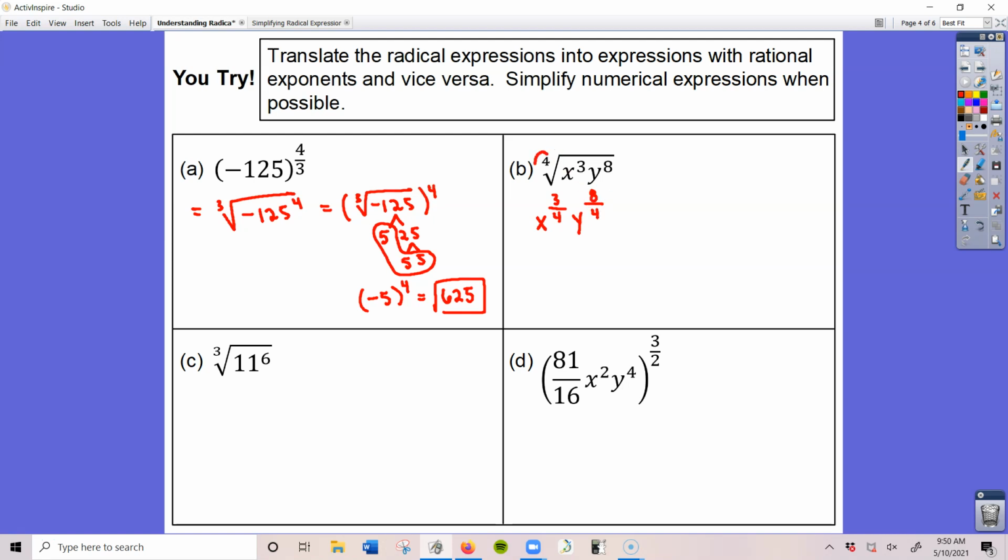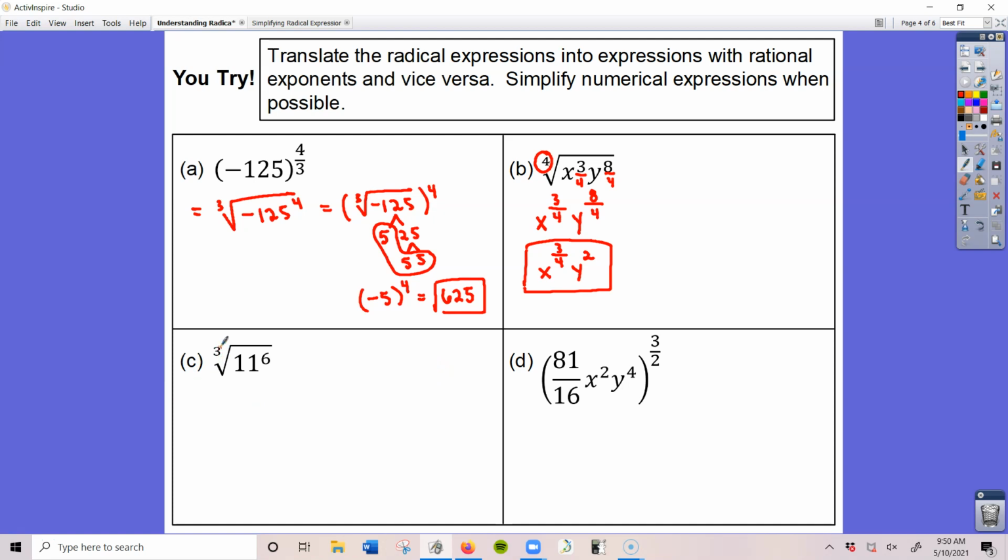Remember that this is the denominator, so I just put both of those exponents over the denominator of 4. And now what I notice is when I do that, this x to the 3/4 won't change. I can't simplify that. But y raised to the 8 over 4, 8 divided by 4 would give you 2. So this would be our final answer, since it is as simplified as possible.